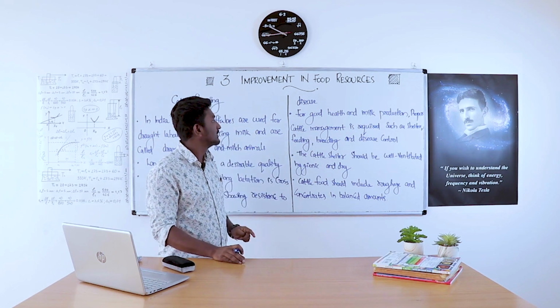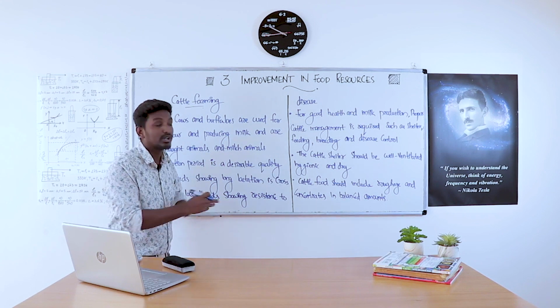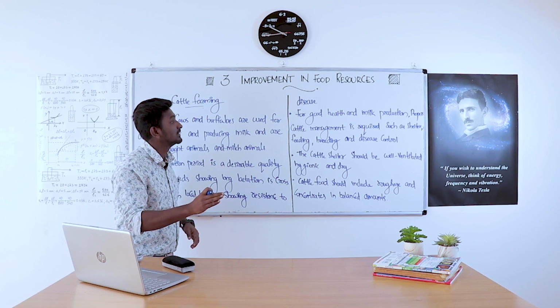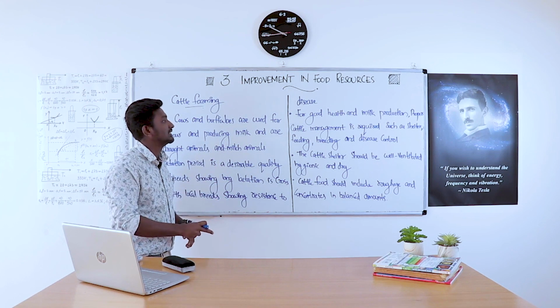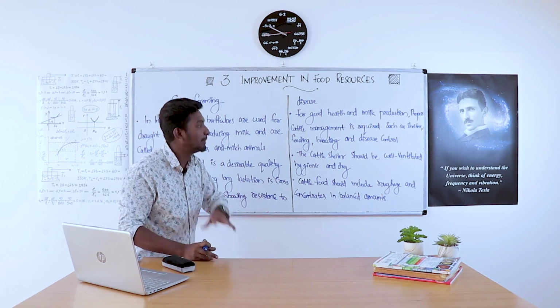For good health and milk production, proper cattle management is required, such as shelter, feeding, breeding, and disease control. When we are rearing cattle, we need to check the health and conditions of the farm.